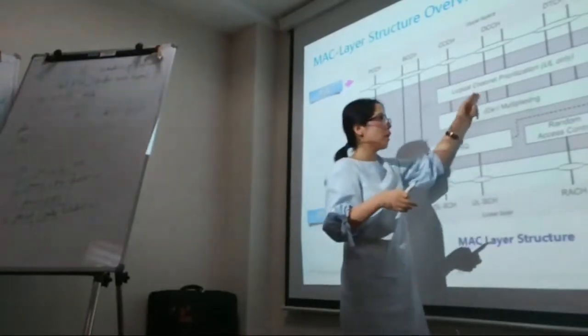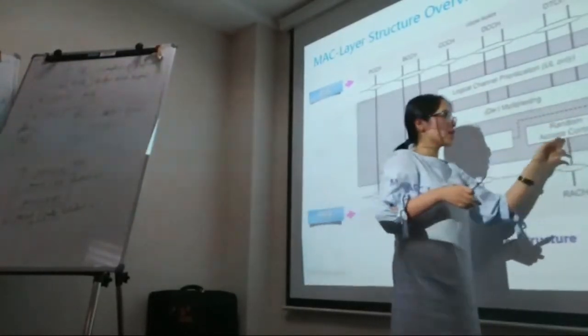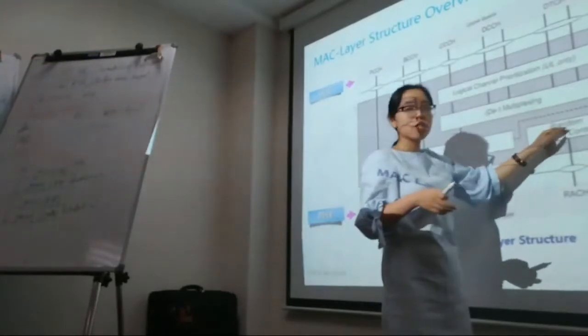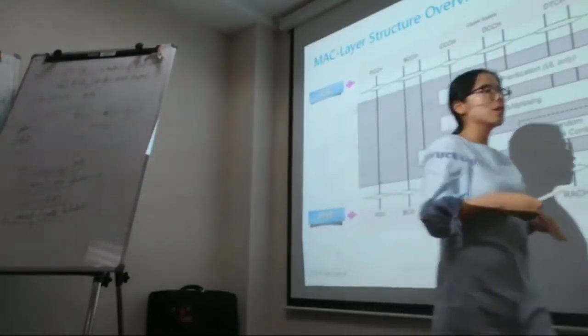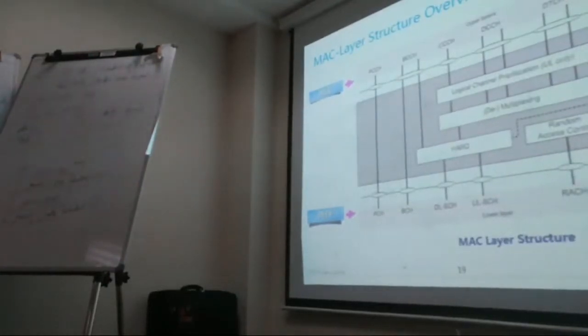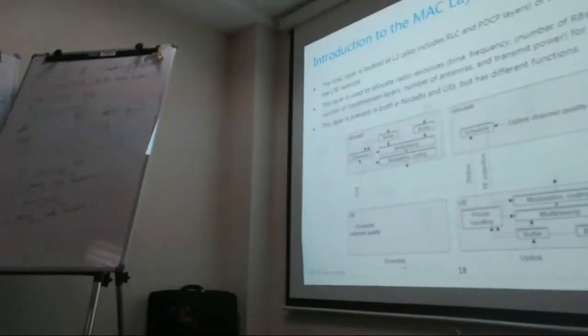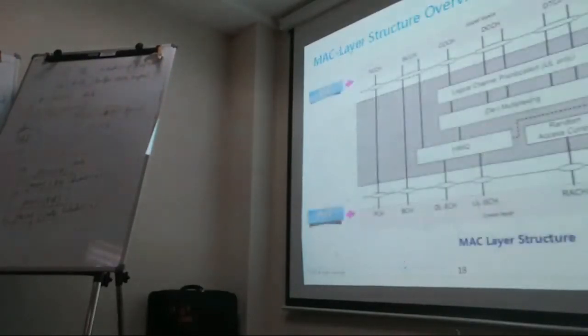This is for the uplink. And the random access control is initiated by the MAC layer itself. So this is the layer function structure. From this structure, from the entity, you will know the common process, right? You will know that different information has a different process.